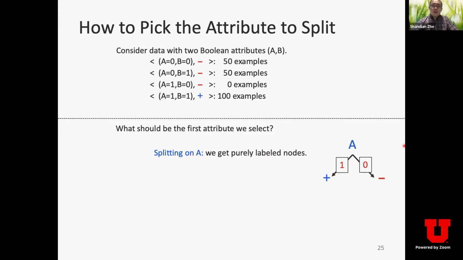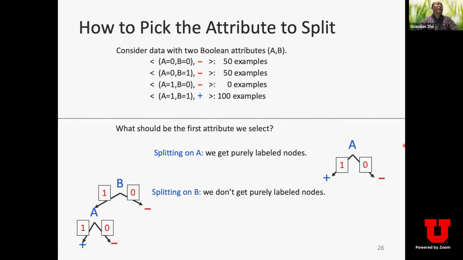But what if we split on B? When B is 0, we get 50 plus 0 examples, which are uniquely labeled as negative. However, when B is 1, we get 150 examples, but those 150 examples have mixed labels: 100 are positive and 50 are negative.